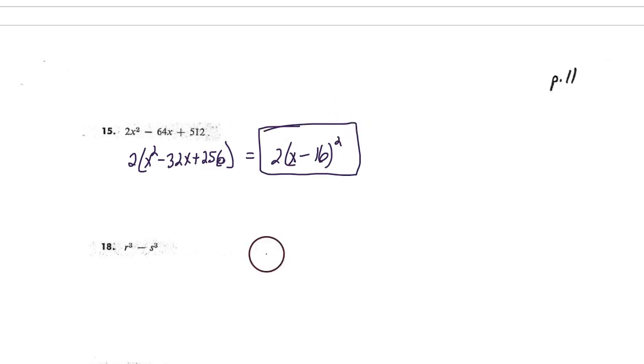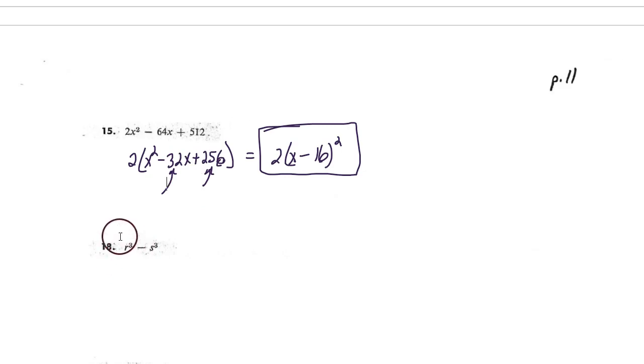You might be wondering how I know that it's a perfect square trinomial. What I'm looking for is, is the constant term one of the perfect square numbers? Is 256 a perfect square? It is. I know that 256 is 16 squared. Then I'm looking to see if the middle term is twice the square root of this. The square root of 256 is 16. I'm looking to see if 32 is twice 16, and it is.